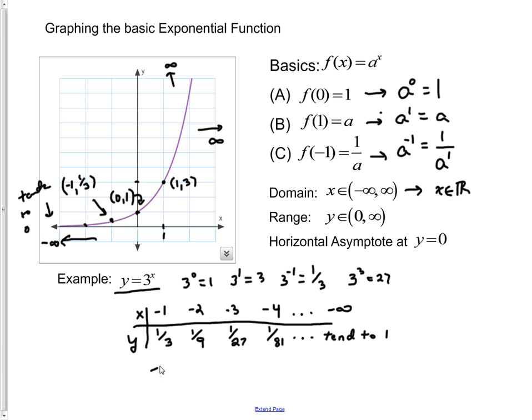So we could say that as x tends towards negative infinity, the limit as x goes to negative infinity of 3 to the x tends to go towards 0. And that is the definition of a horizontal asymptote. And so we have a horizontal asymptote at y equals 0 as x tends towards the negative values right here. So there's only a horizontal asymptote on the left, not on the right.